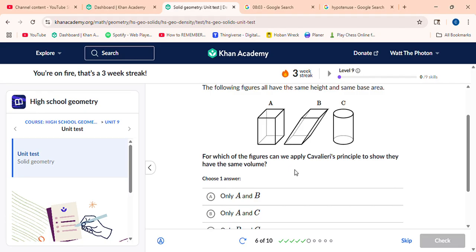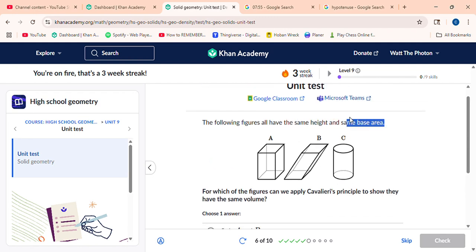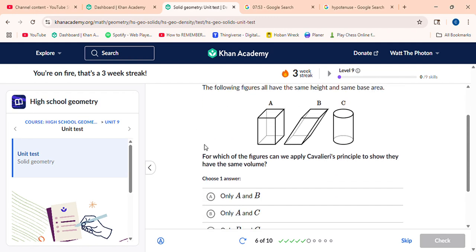For which volumes can we apply Cavalieri's principle to show that they have the same volume? All the figures have the same height and same base area.